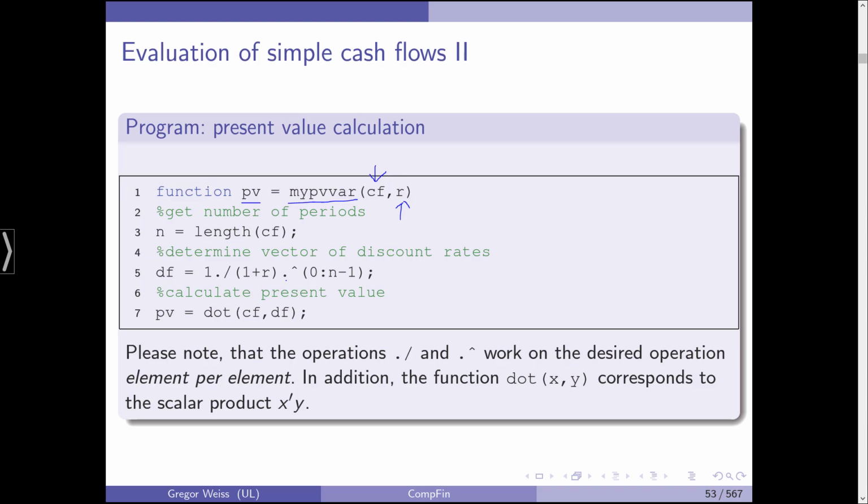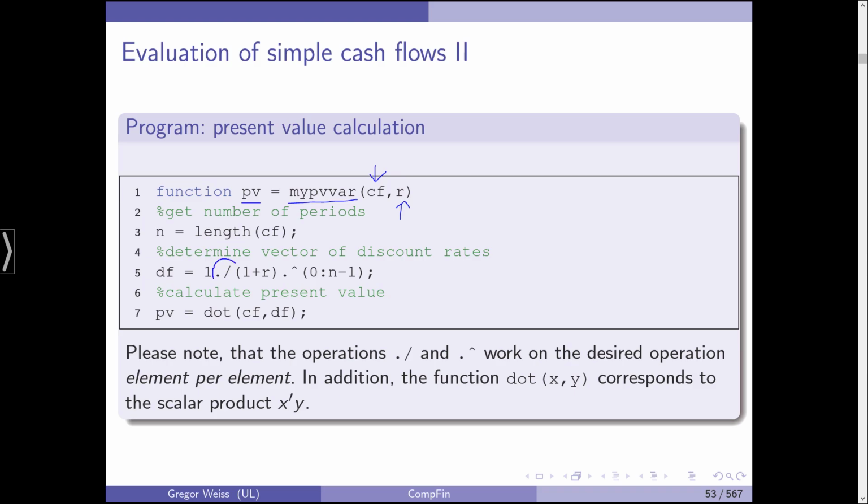We predetermine the set of discount rates, 1 dot slash (1 plus R) dot hat (0 colon n minus 1) in brackets. And this means that we don't use the vector multiplication, but we actually perform all these calculations element-wise.